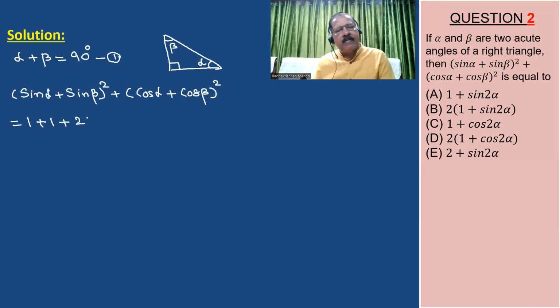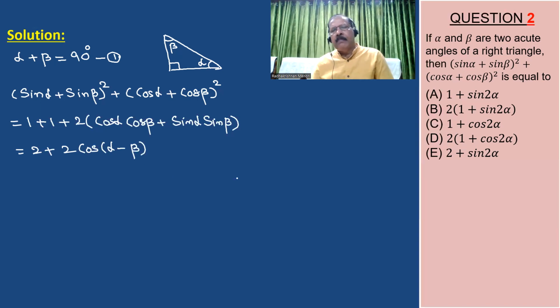You can take 2 as a common factor. So we have cos alpha cos beta plus sin alpha sin beta. So here you have 2 plus 2. You know the formula, it is cos of alpha minus beta. But when you see the options, beta is not there.